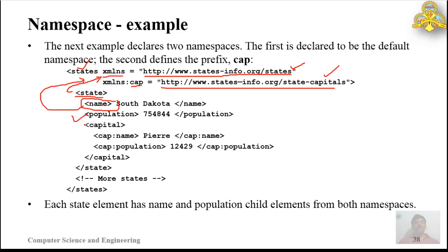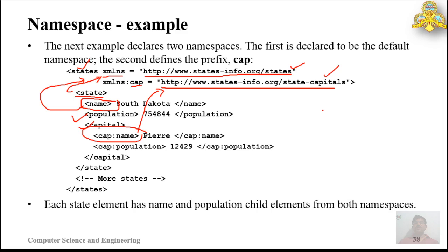Likewise population and capital. But there is one more name. This is also a name element, but its definition is specified in the namespace with the cap prefix, cap:name, and its definition is taken from this URI.